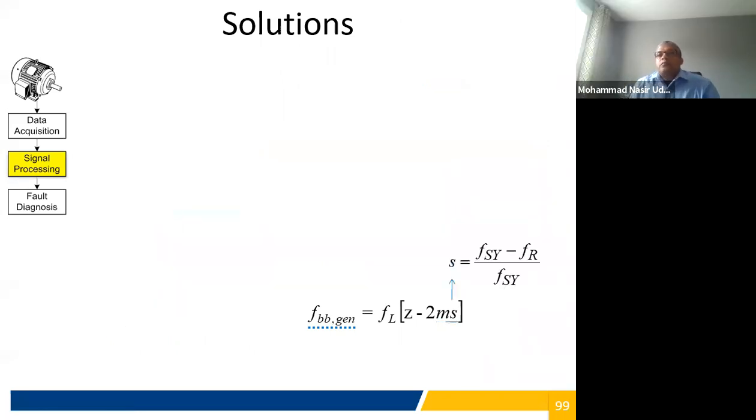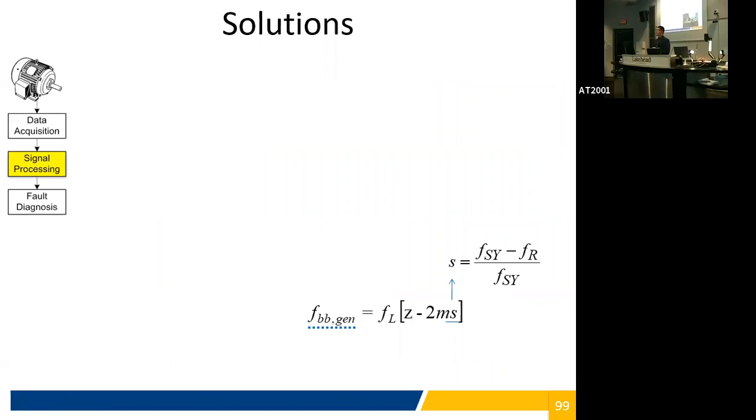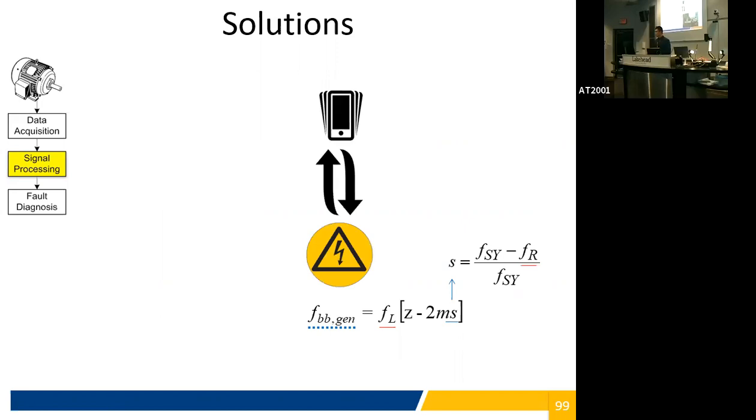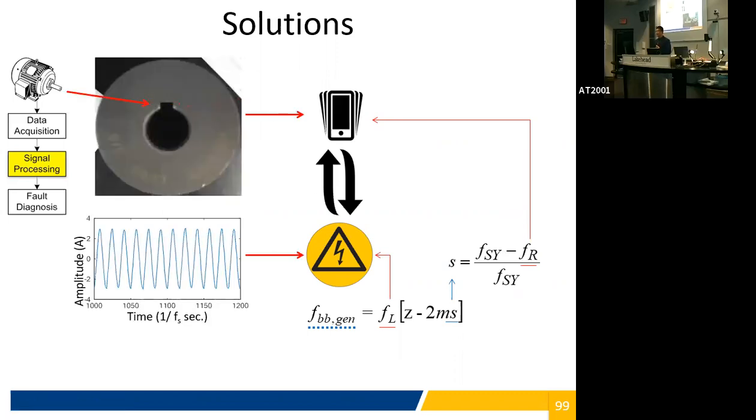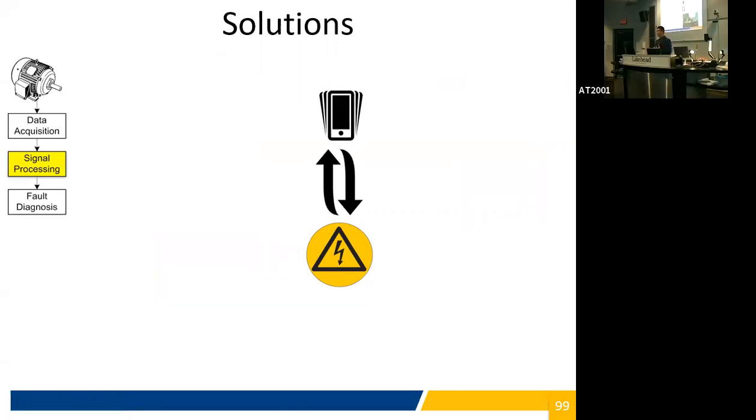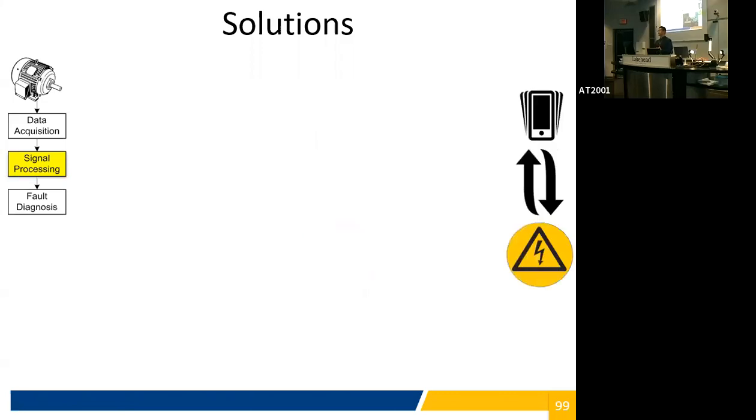So now, fundamentally, we can see that this fault frequency related to the current is related to the rotor frequency. The rotor frequency we can determine by vibration, and of course the current we can collect, and use these two synergistically, so working together to get us a more accurate result.